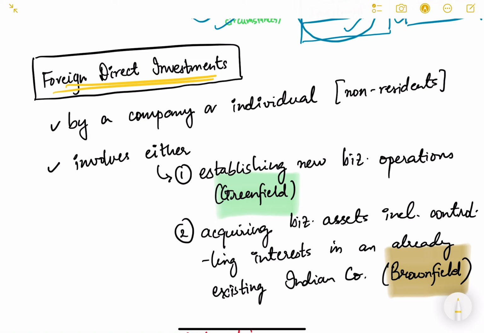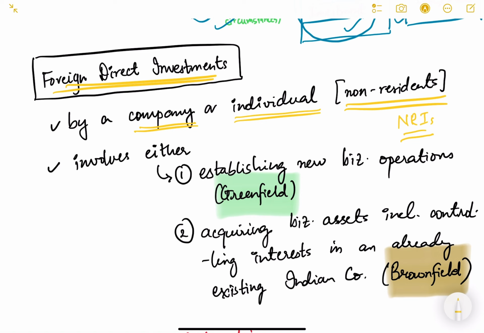Foreign direct investment means an investment by a foreign company or a foreign individual. Foreign meaning they are non-residents of India. They can be citizens of India but living abroad, the NRIs, or they can be foreign citizens, like American citizens living in America.